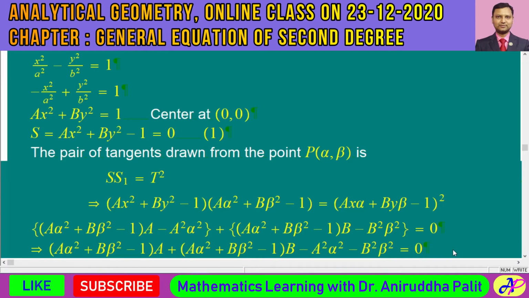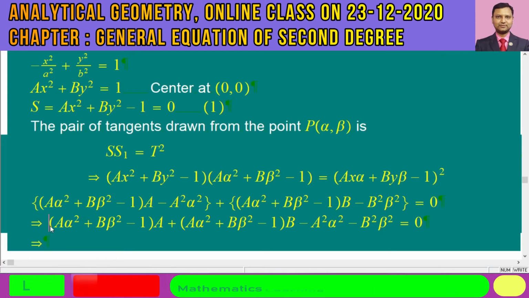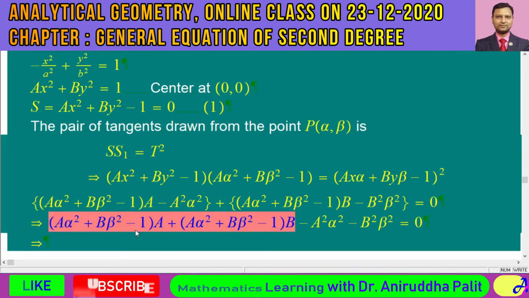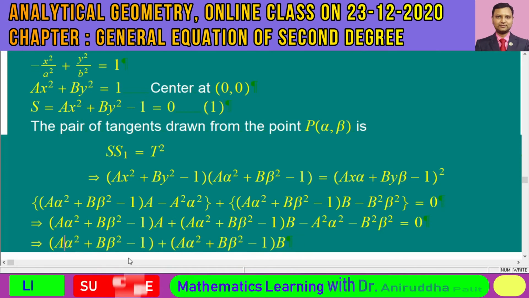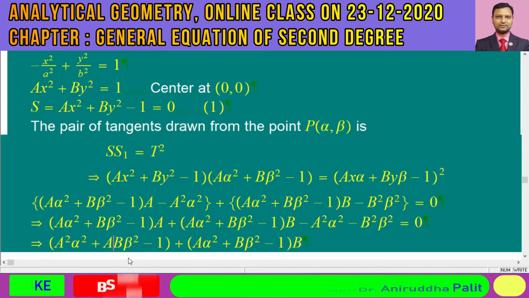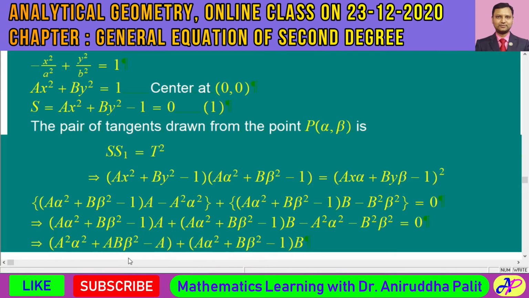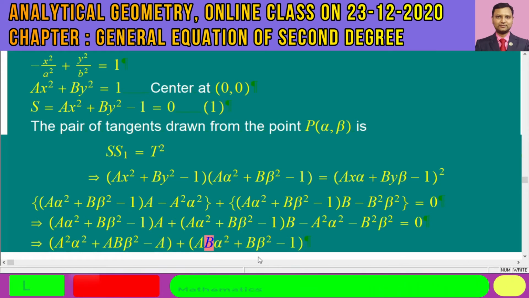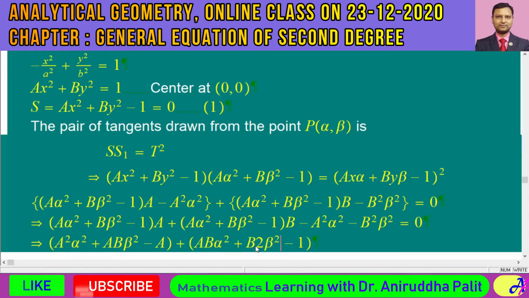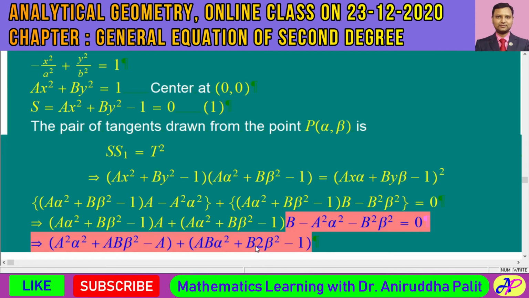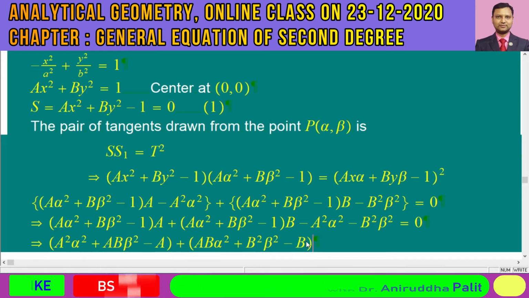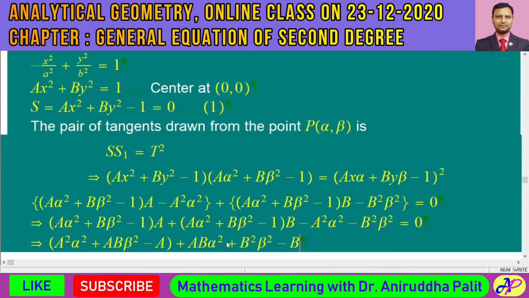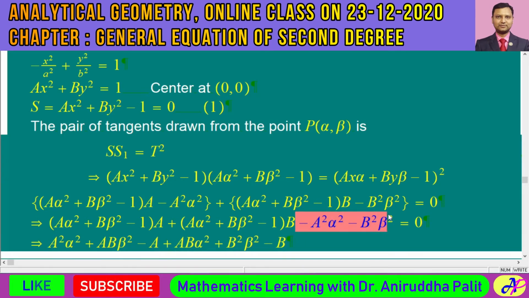So what we have over here, this expression is equal to capital A multiplied by A, so it would be a square, then A into B, then minus A, and over here B is multiplied, so A into B. Then this becomes B square, and this would be B. Forget about this bracket. Minus this expression is equal to 0.